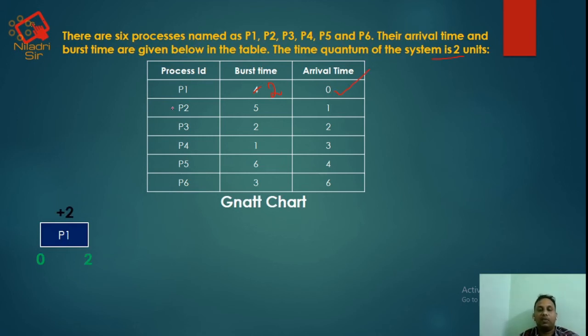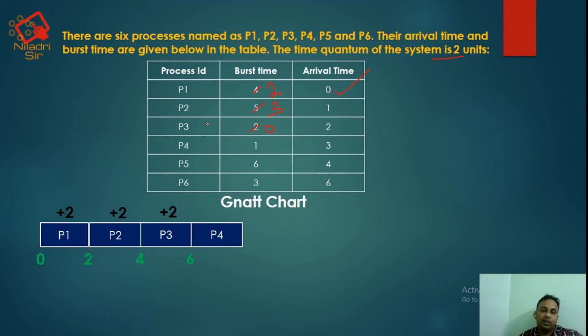Okay. So after that P2 will execute for 2 microseconds. The remaining is 3. Okay. After that P3 will execute for 2 microseconds. So P3 will be 0. After that P4 will be executed and its burst time is 1. So it will execute for 1.